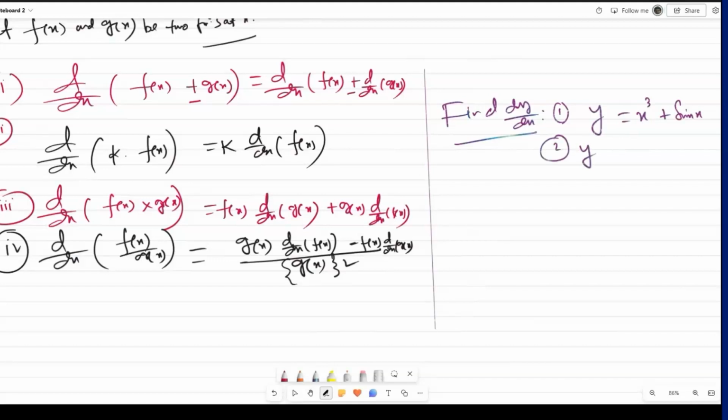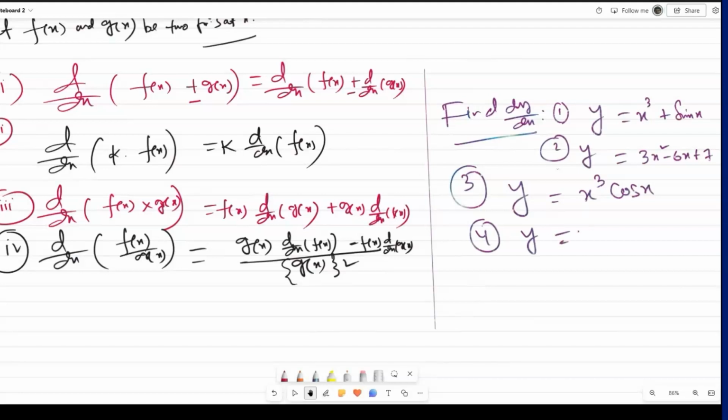Number 2: y equals... Number 3: y equals x cube cos x. Number 4: y equals, say, I am taking x^4 by log x.